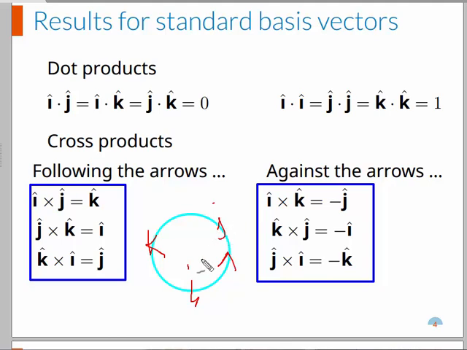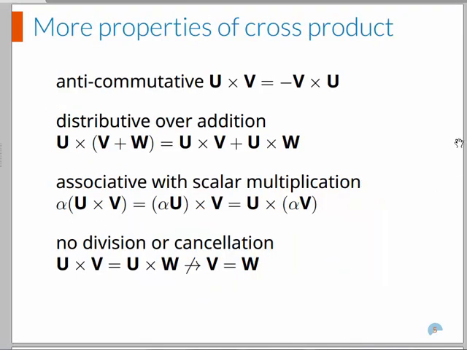Since these vectors are all related by the right-hand rule, they essentially turn into one another, but there can be sign changes depending on the order. We are also going to make use of these properties of the cross product, in particular that the cross product is distributive over addition, and also that it's associative with respect to scalar multiplication.